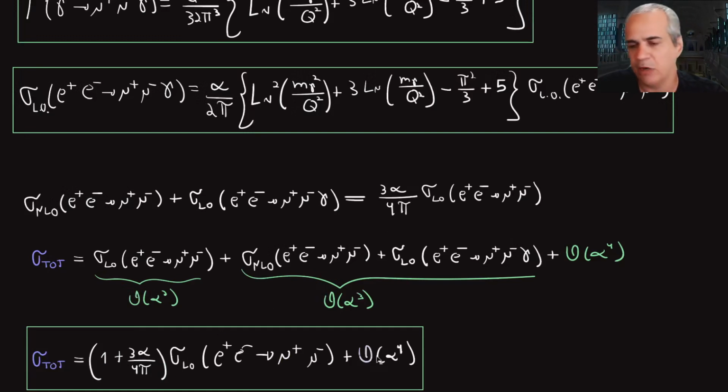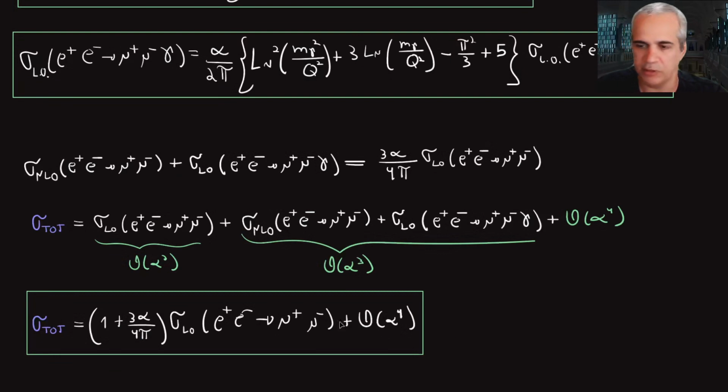And of course, there are corrections of order alpha to the fourth or even bigger. So what happened here? What happened is by including the possibility of this extra photon, which we call final state radiation, because this photon is coming from the final state.